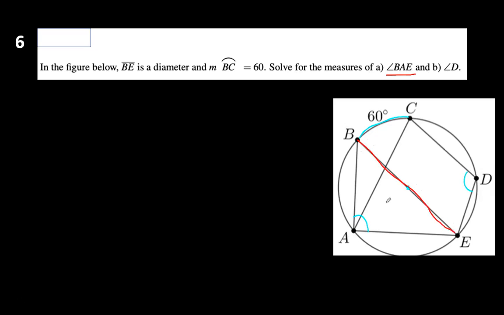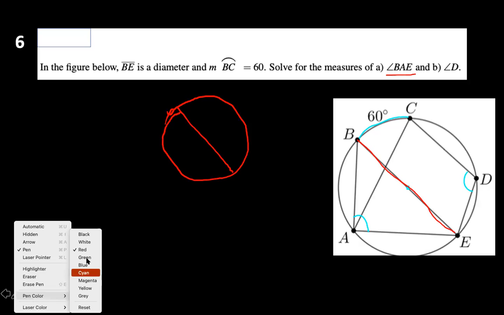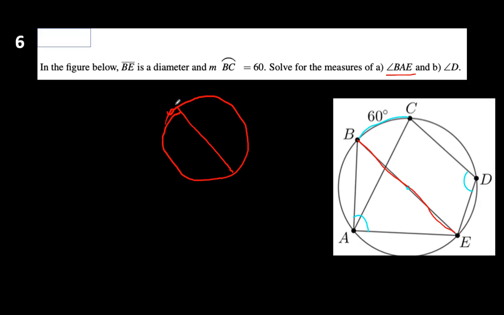Now there is a theorem that says, in a circle, okay, let me draw that. In a circle, given a triangle where the hypotenuse is the diameter, then the triangle that can be formed is always a right triangle, okay? As long as that triangle is inscribed in a given circle.